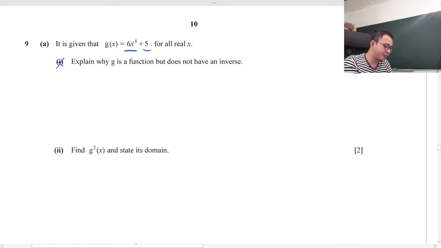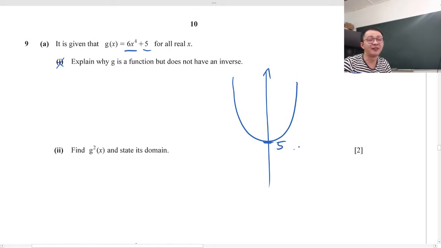So basically you should know the pattern of this graph should look like this, and then the minimum point is 5. So I can say because all the x values will go into one y value, which is what we so-called many to 1. So this is because this is a function.